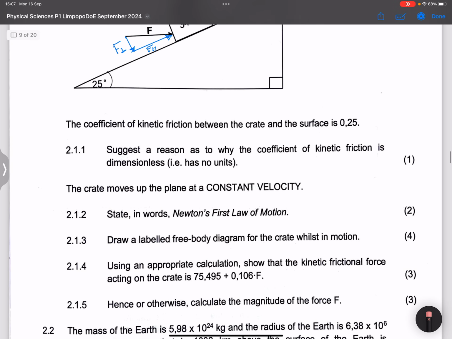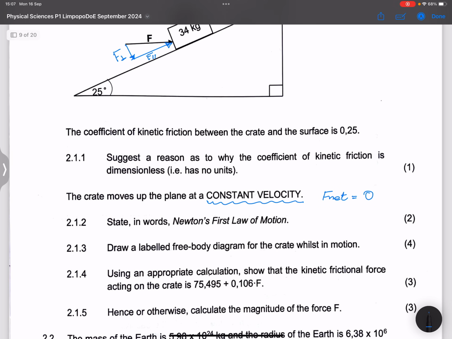They say to us the crate moves up at a constant velocity. Note, the moment we talk about constant velocity, we know that F net would be equal to 0, that acceleration is 0. Therefore the sum of forces acting on the crate is 0.